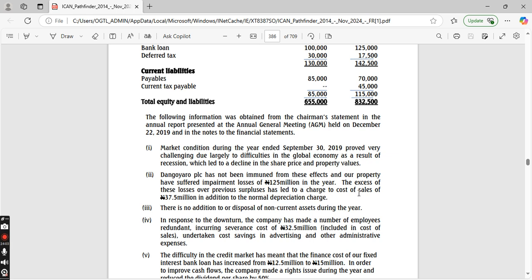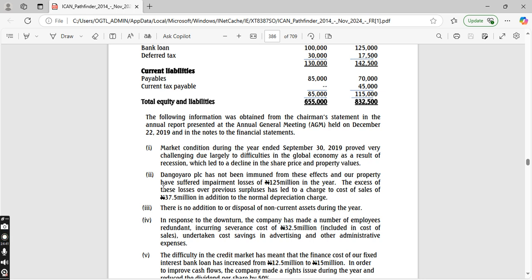The excess of these losses over previous surpluses has led to a charge to cost of sales of 37.5 million in addition to the normal depreciation charge. So the impairment we have in this question is 125 million, right? Yes, sir.